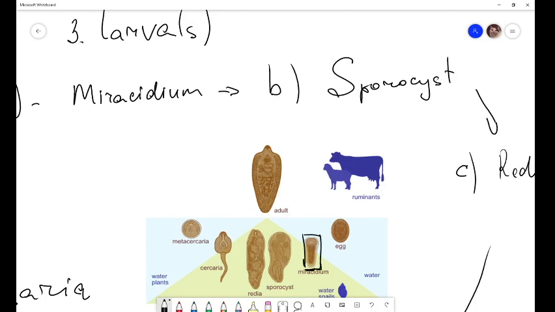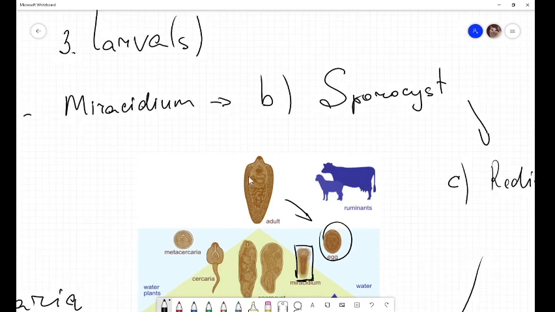Okay, the next stage. The egg from the adult form, to start a life cycle, must go to water. In the water, miracidium goes out from the egg.